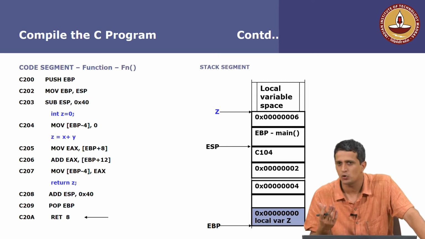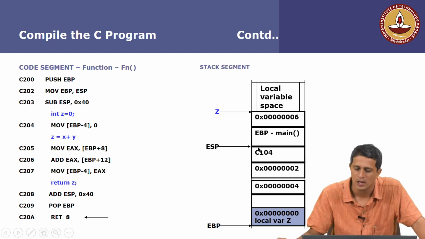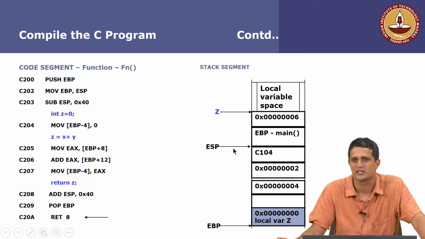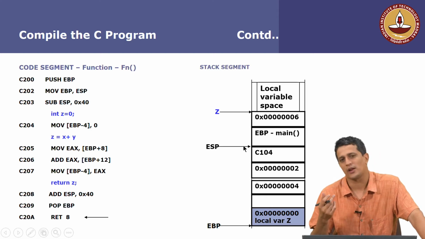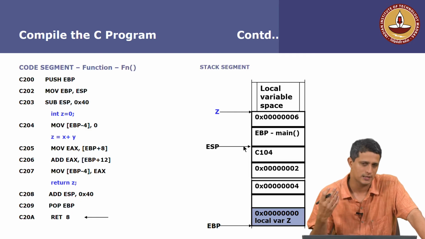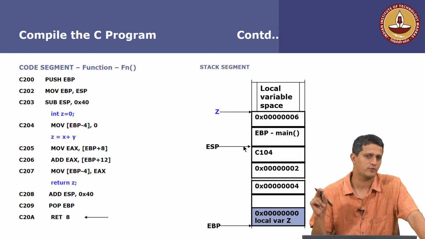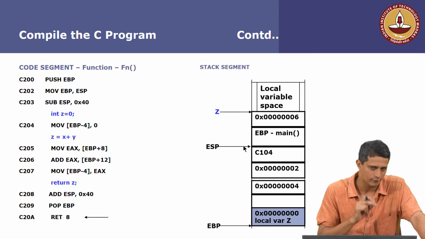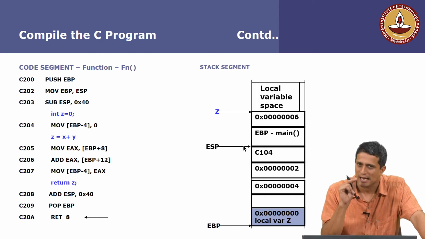Now we still need to undo the function parameter pushing that we did, because now when you continue from this function and go back to main, ESP will still point to the wrong value. Okay. That is where the ret n instruction comes to our rescue. If you remember, I had pointed out that ret n not only pops the top of stack into the instruction pointer to resume execution from where it left off, but it also adds that n to the stack pointer.